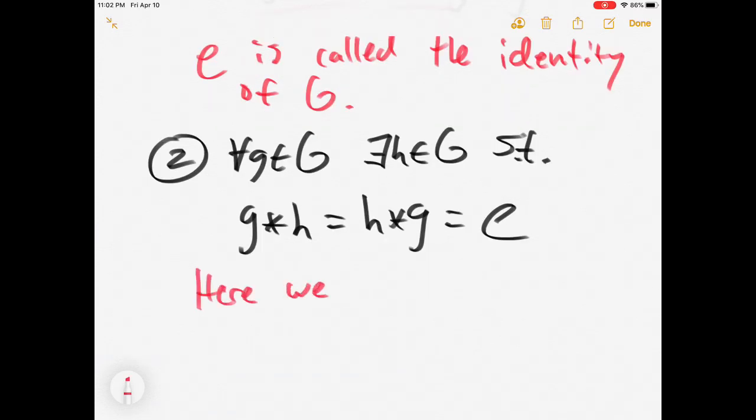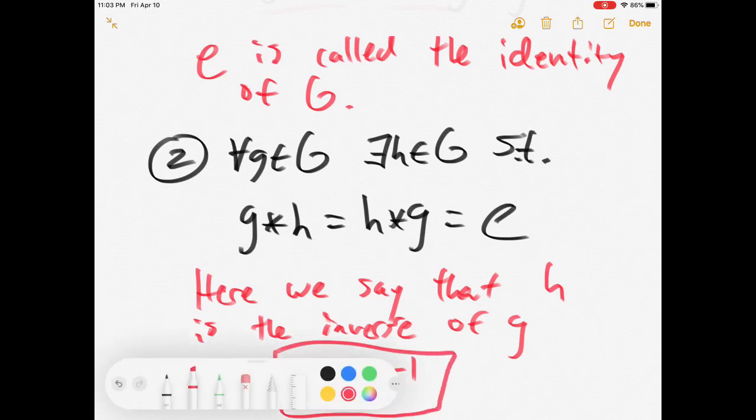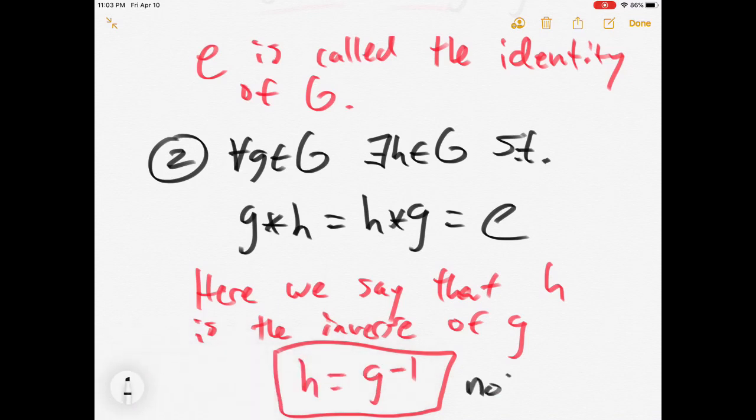Here we say that h is the inverse of g, and we usually write h is equal to g inverse. Again, this is the notation.